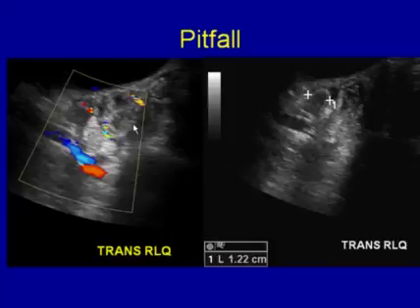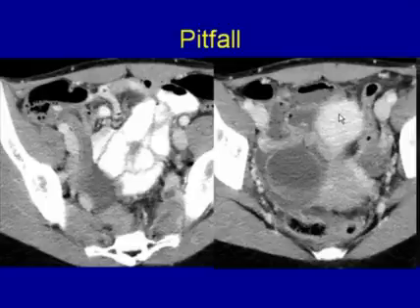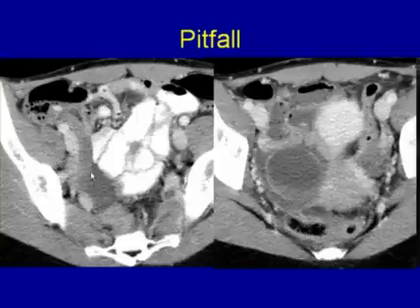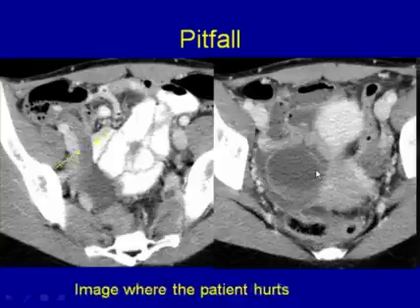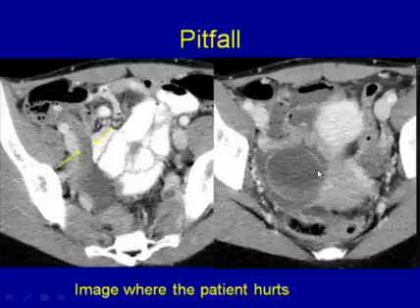It's a little bit further down in the pelvis, and you can see a funny looking mass here in the right lower quadrant that when you measured it was 1.2 cm, and you could almost make out a gut signature. And when she was sent on to CT, you can see she has acute appendicitis with the appendix coming down into the pelvis, abutting this hemorrhagic cyst. So always image where the patient hurts, and beware that you can sometimes have more than one thing going on.